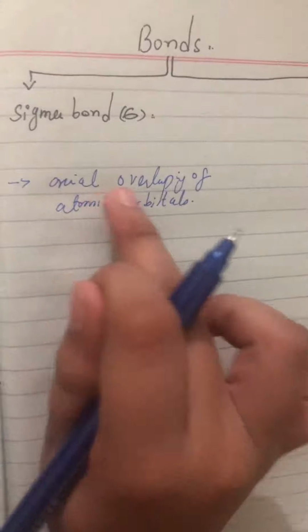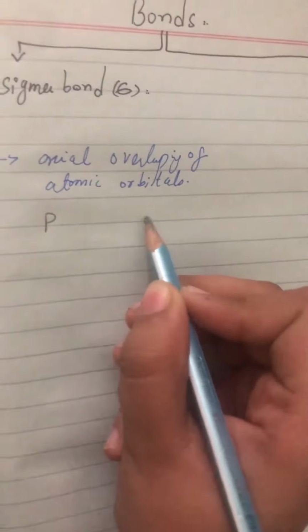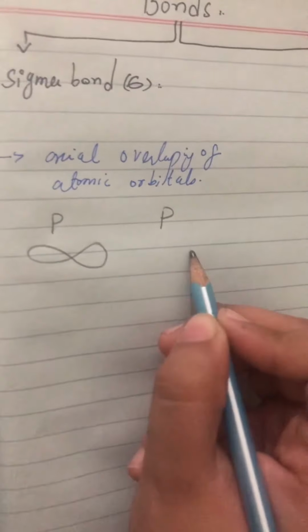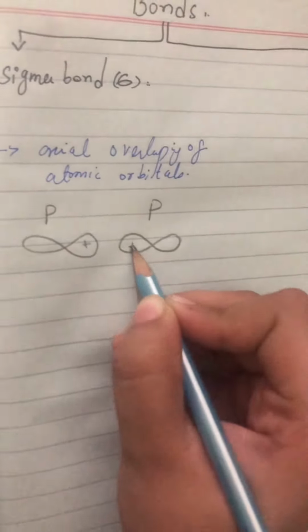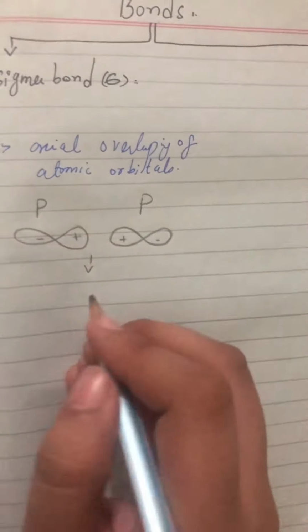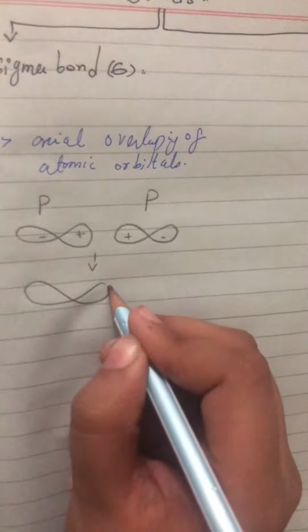The axial overlapping of atomic orbitals is called the sigma bond. Like here we are having a p orbital, here we are having a p orbital. When they make a bond between them, it will be like this.